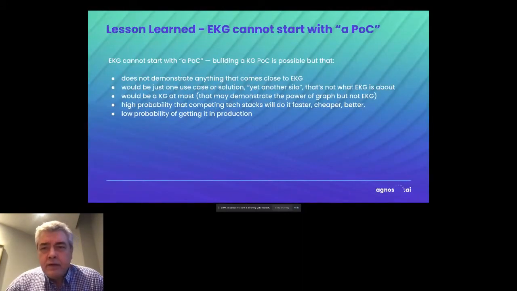So the first lesson is that you cannot start an EKG with just a POC. Because in one POC, you will only do one use case or one solution. You basically create yet another silo. And what an EKG needs to do is more than that. You can maybe show what a knowledge graph is and demonstrate the power of graph.